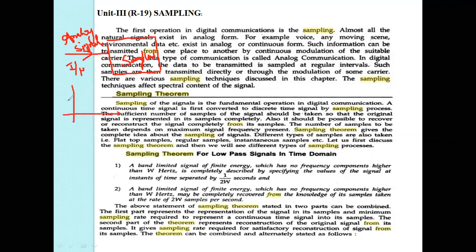An analog signal is a continuous time signal, where both time and amplitude are continuous.